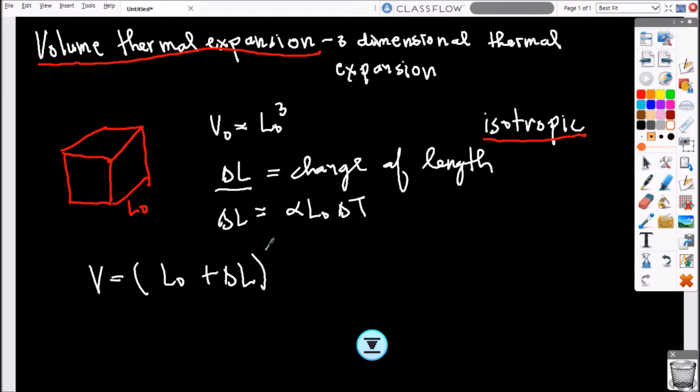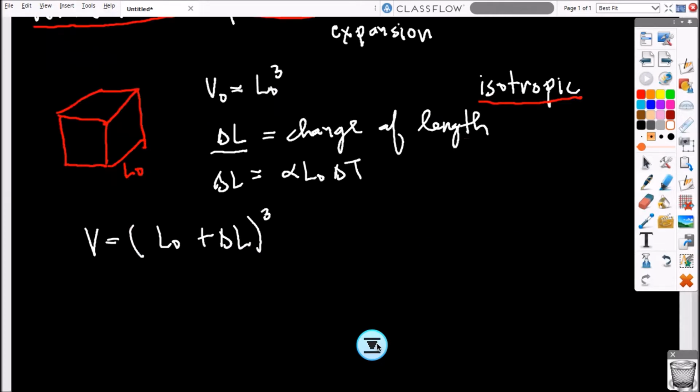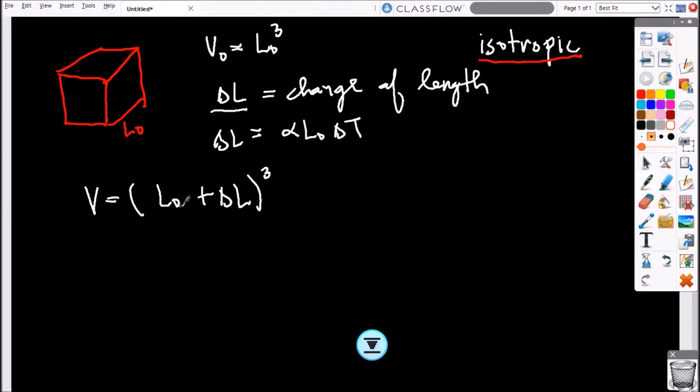So you need to raise this binomial to the power of 3, or cube. Right. So let us expand this, L of O plus delta L. What is the cube of a binomial A plus B cube?